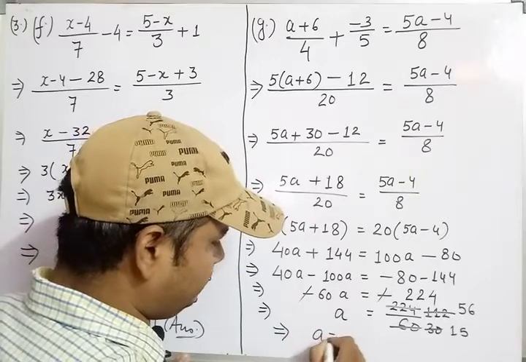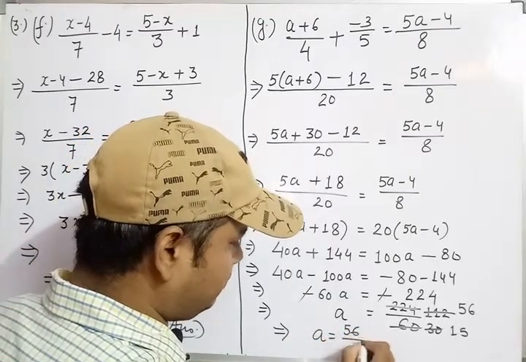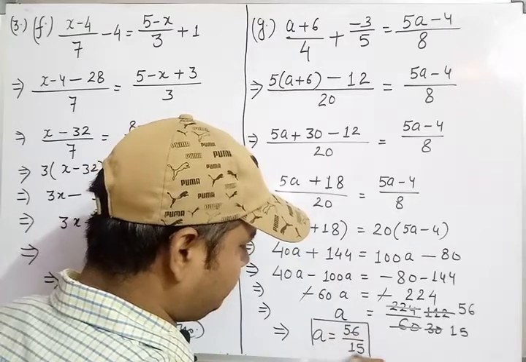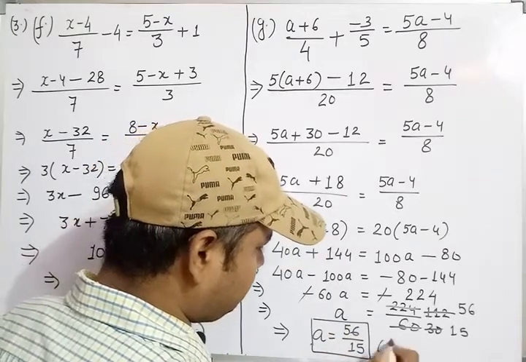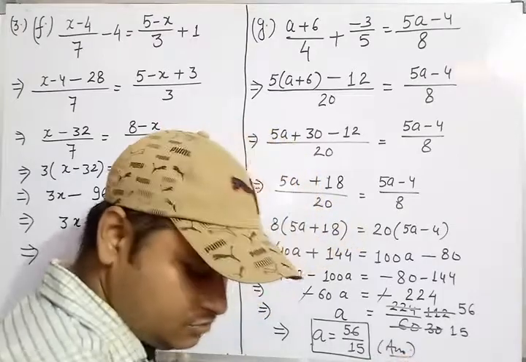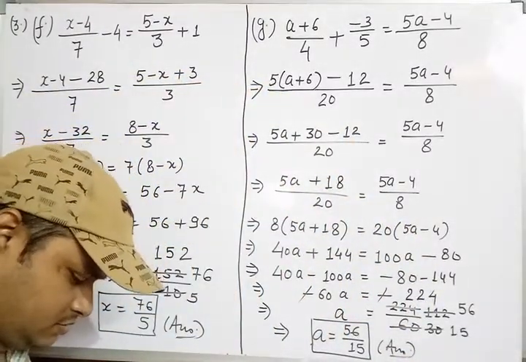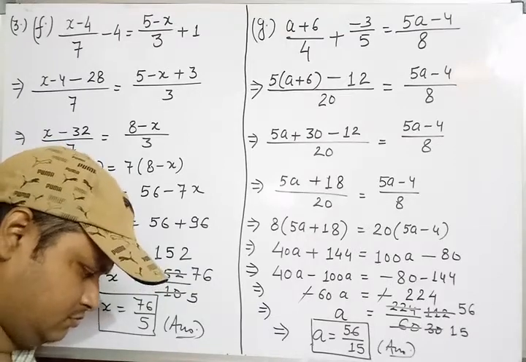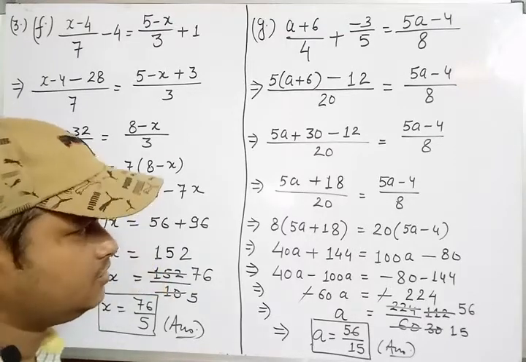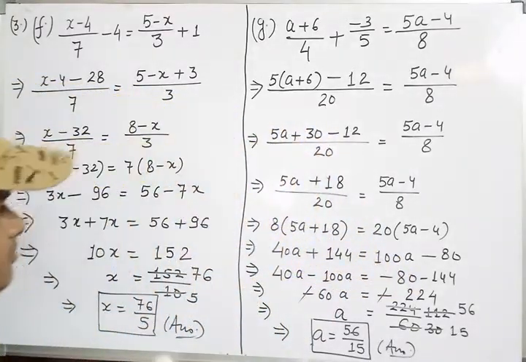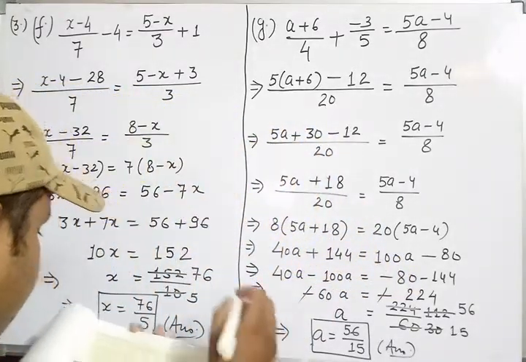Hence the value of variable a is 56 upon 15 and this is the final answer. Okay, let me check whether the answer is correct or not. Yes, it is correct.